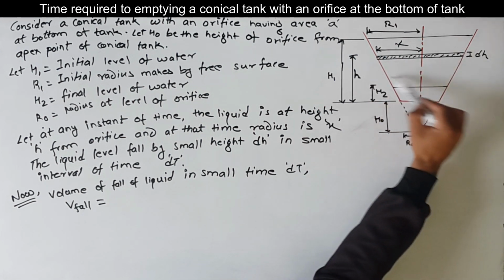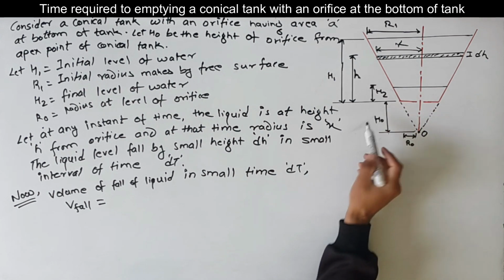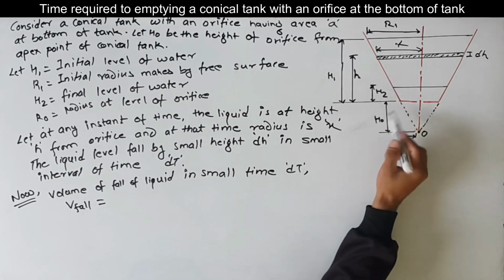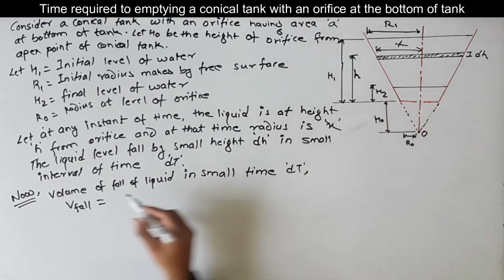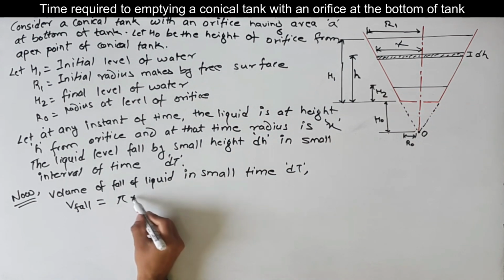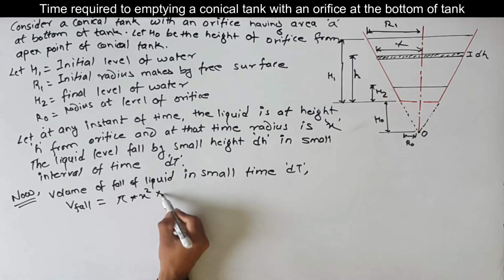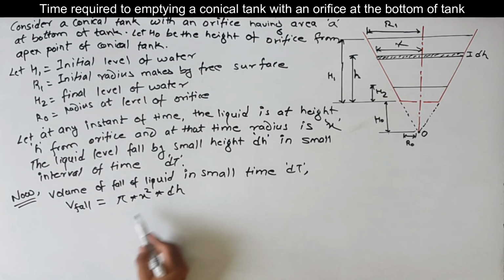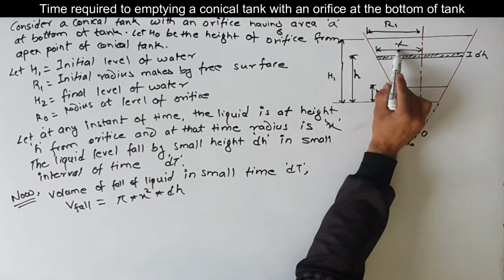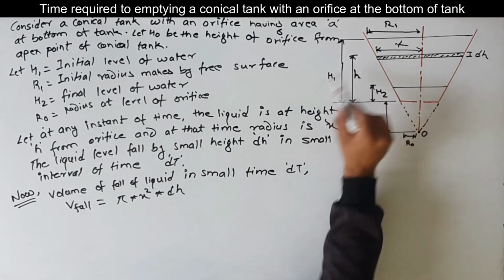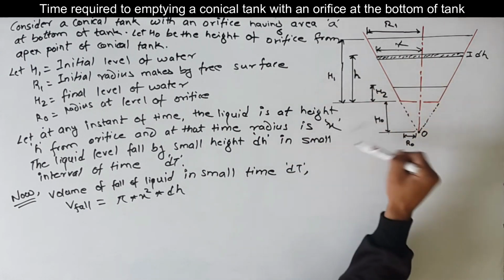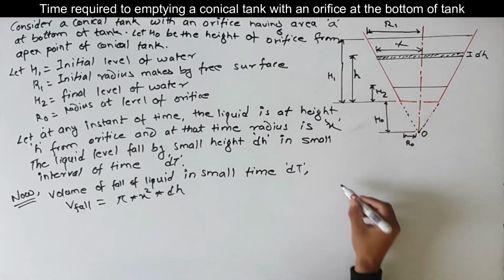The area of this surface is pi x square, the radius being x, so the volume is pi into x square into height dh. We can convert this x in terms of R and h, the other heights.